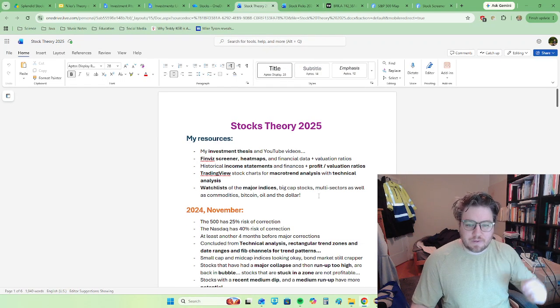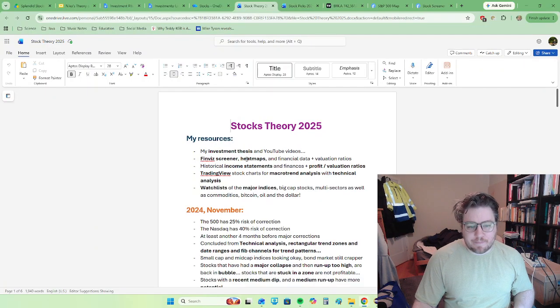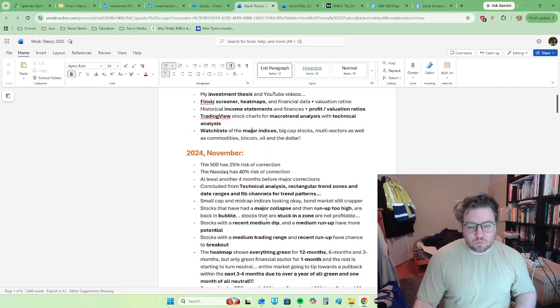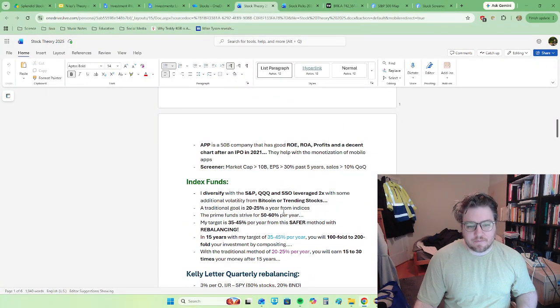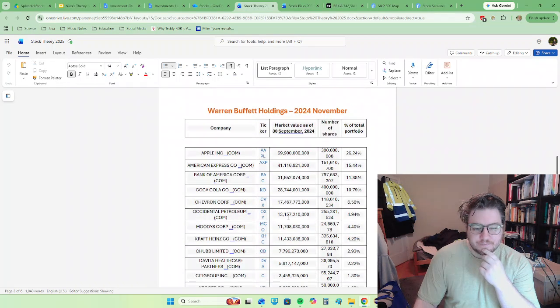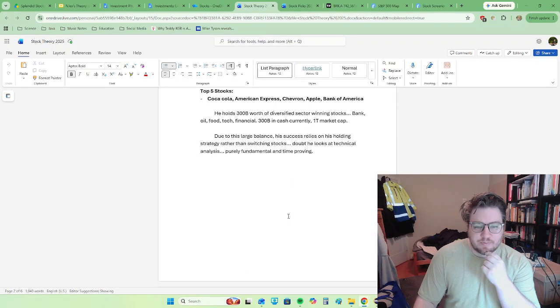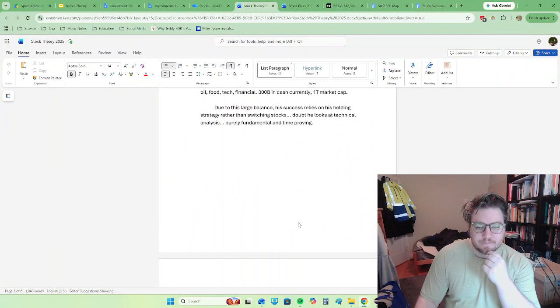Other than that, my theory from 2025 was once again the screener and the heat maps. All my metrics, look at the financial statements and the money. The watch list, the technical analysis, the portfolio rebalancing, the index funds. And this is an example of Warren Buffett's holdings.